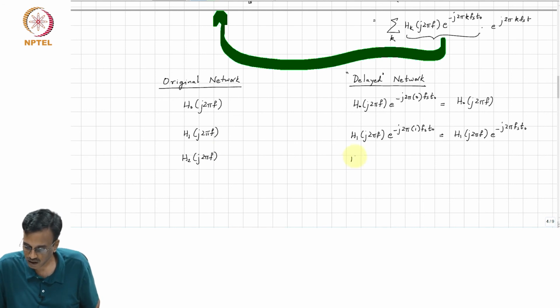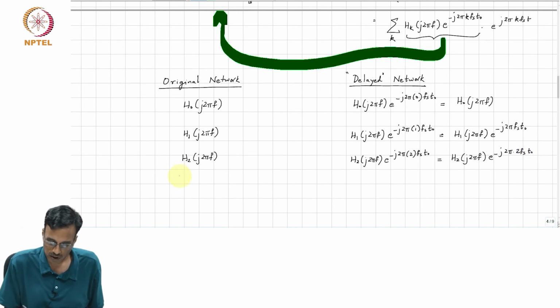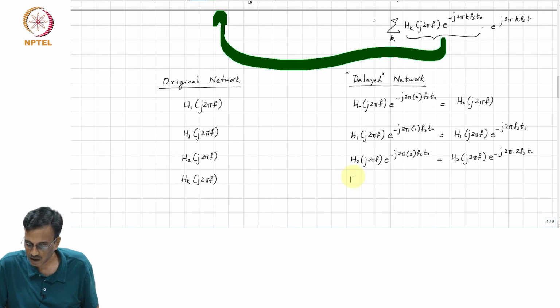That is simply H sub 2 of j2 pi f times e to the minus j2 pi times 2 times fs times T naught, and that basically is H2 of j2 pi f times e to the minus j2 pi into 2 fs times T naught, or minus j4 pi, right, and therefore, h sub k of j 2 pi f will basically translate to h sub k of j 2 pi f e to the minus j 2 pi times k f s times t naught.